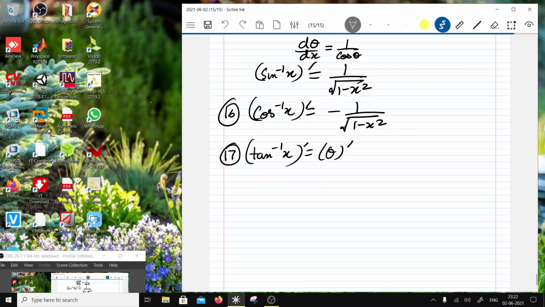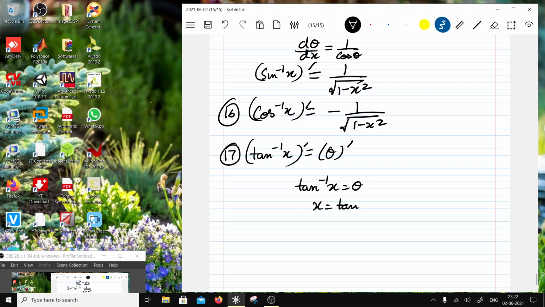So that means tan inverse of x equal to theta, or x equal to tan theta.